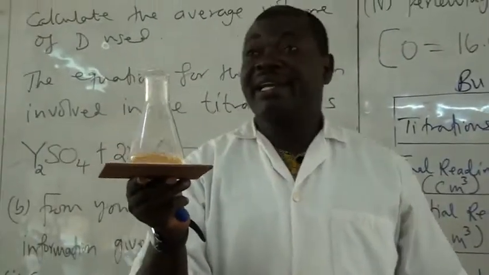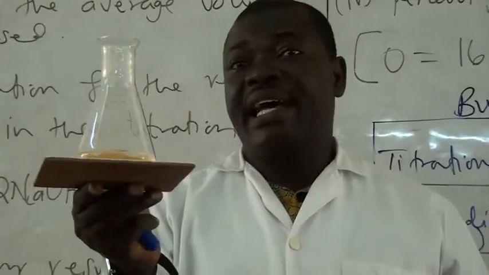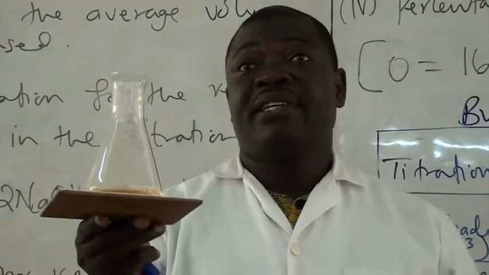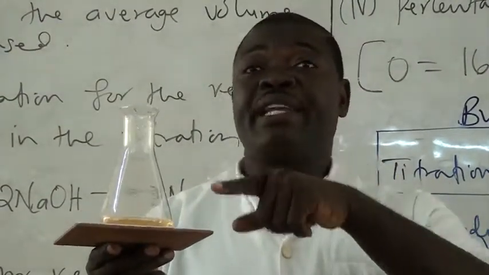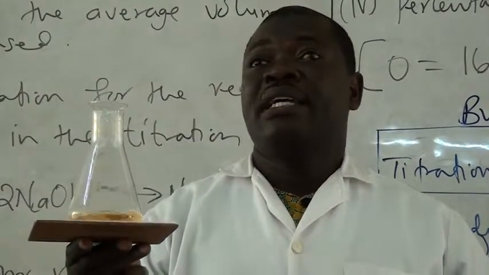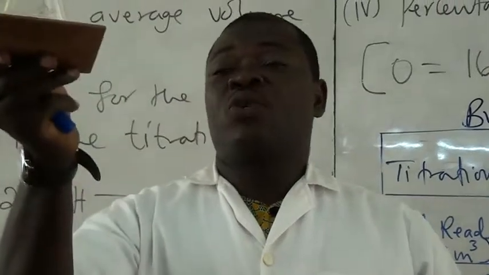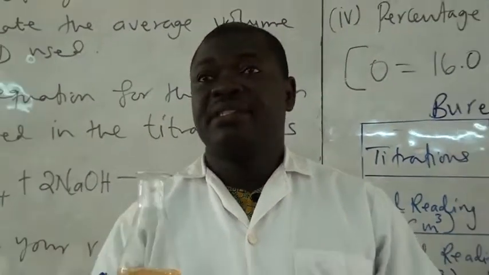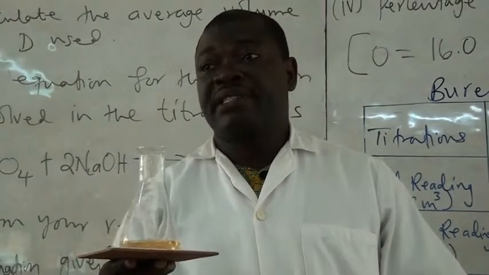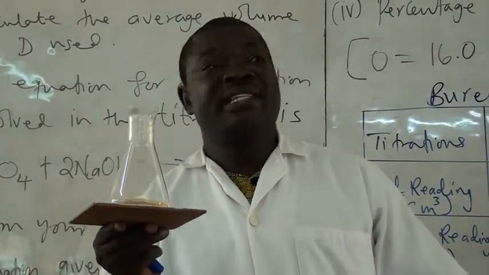It's a clear indication that that is the endpoint. If you go beyond this one, you get a deeper color. That means that you've gone beyond the endpoint. So you should be targeting towards it. This one is orange, so that is an endpoint. It gives you a clear color change.